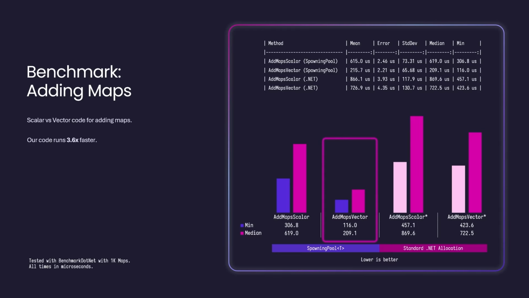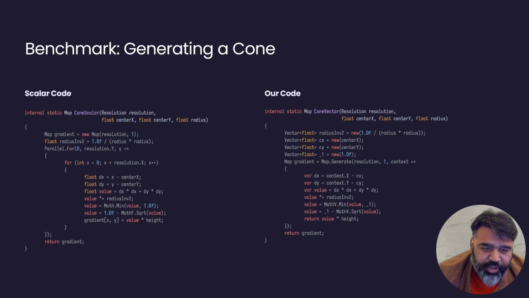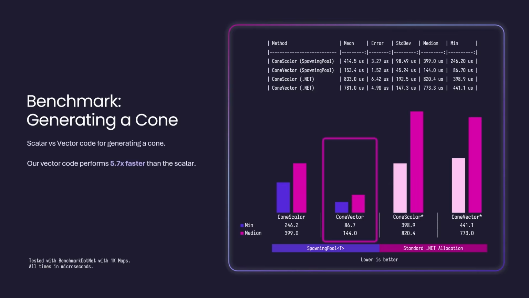So that's a simple one. Let's take something slightly more complex. We talked about generating a cone. Here's generating a cone again. In the scalar code and the vectorized code, you can see that there aren't that many differences. But in the vectorized code, it's basically creating a kernel rather than a loop, so it'll run across the board simultaneously. When we execute this, we'll see that with the backing again of SpawningPool, we have nearly 5 times faster results.